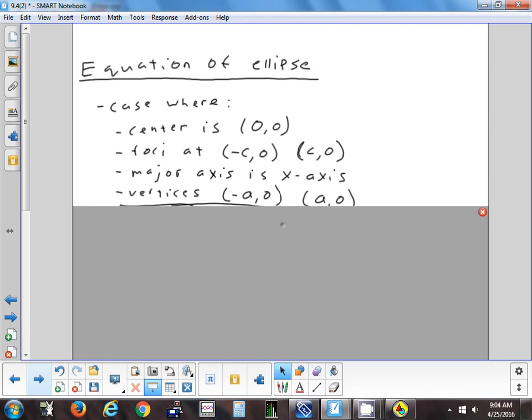The coordinates of them are going to be (-c, 0) and (c, 0). The vertices are going to have coordinates (-a, 0) and (a, 0). When we write it, if you want to do something like this, that's fine. I'm going to explain what a, b, and c are in a second.